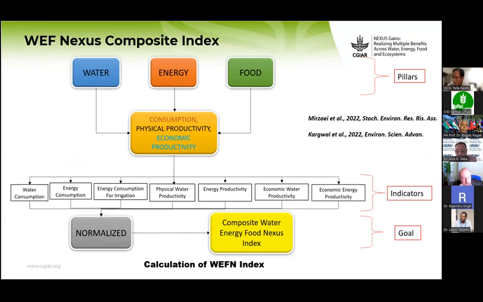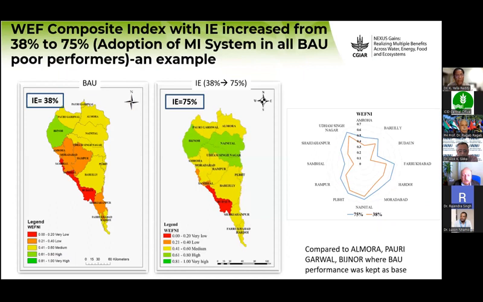We normalize these indicators to come up with an overall composite water, energy, food, or West Nexus index. That's the ultimate goal. I said that the work is still in progress, but I'll be sharing just a few glimpses of that.